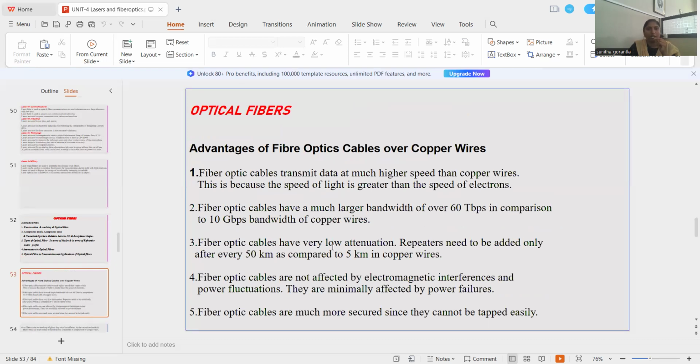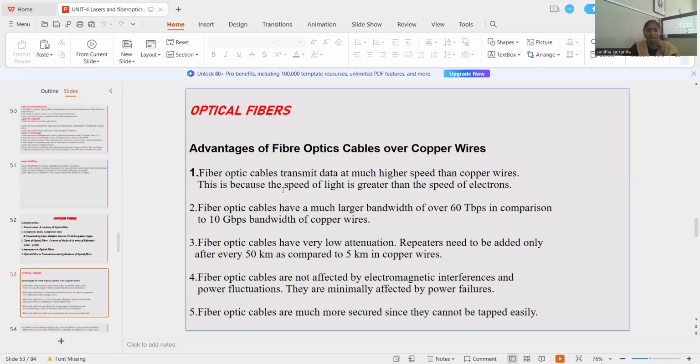Now see the advantages of fiber optic cables over copper wires. What are the advantages? First one, fiber optic cables transmit data at much higher speed than copper wires. Why? Because in optical fibers, the data is transmitted in the form of optical signals.